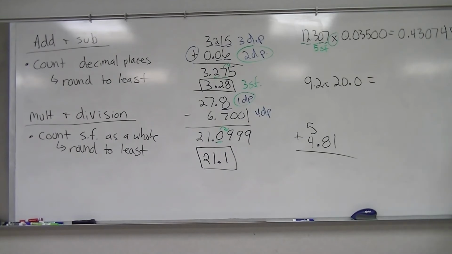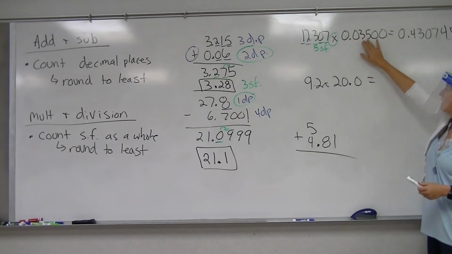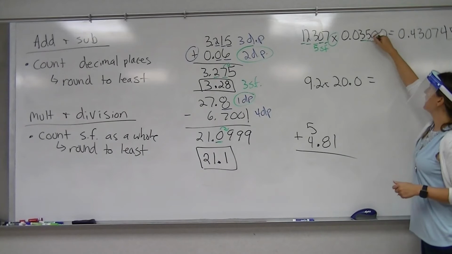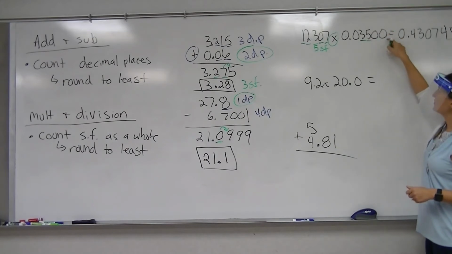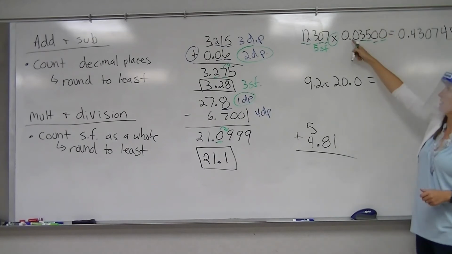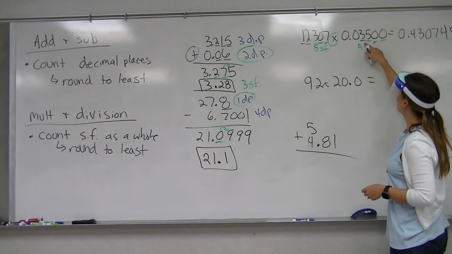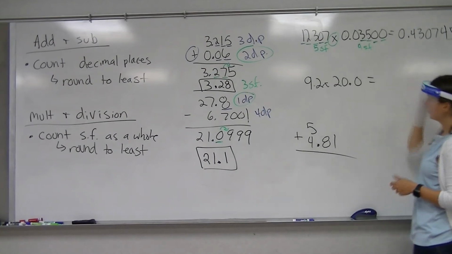The next number, 0.03500, we don't start counting, remember, till we get to our first non-zero number, so that's going to be the 3. The 5 counts, and then the zeros after that are going to count because of the decimal point, and we already started counting. So we have a total of 1, 2, 3, 4 significant figures.